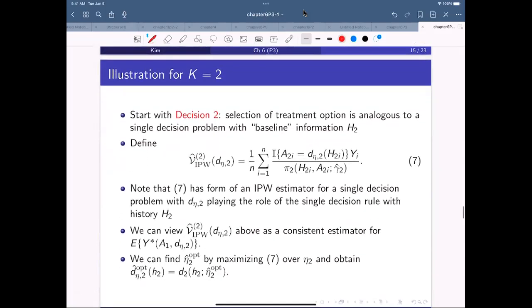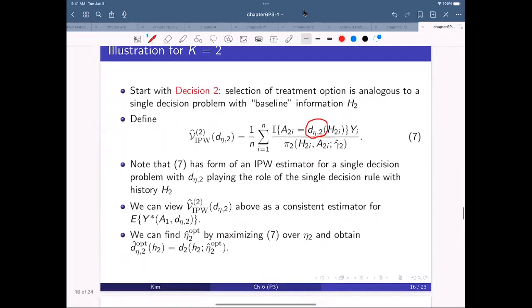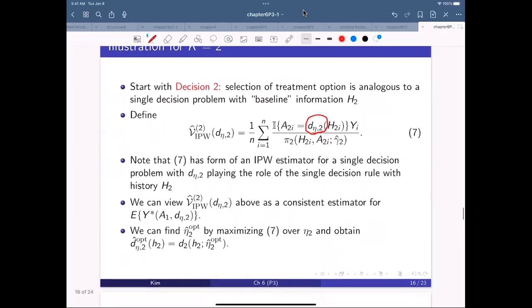And then when we write the denominator, the dependence on eta disappears in the denominator, and only the numerator depends on it. Once you write it, this becomes a single decision.